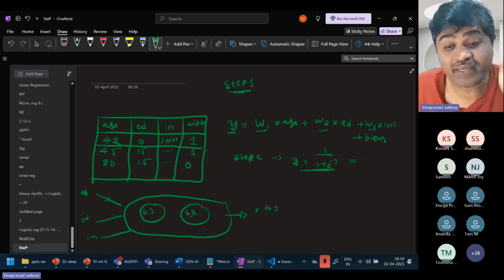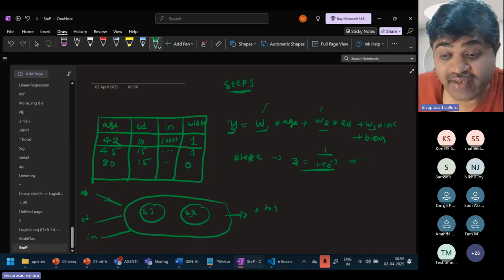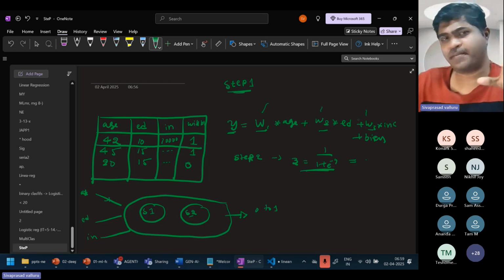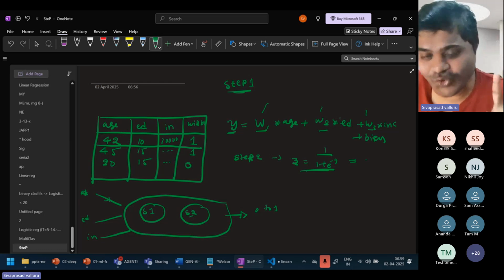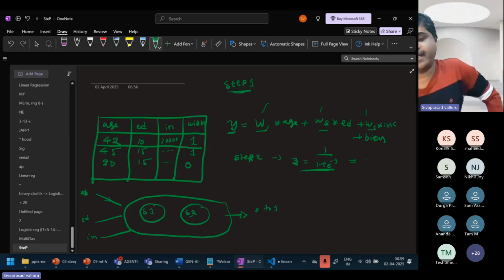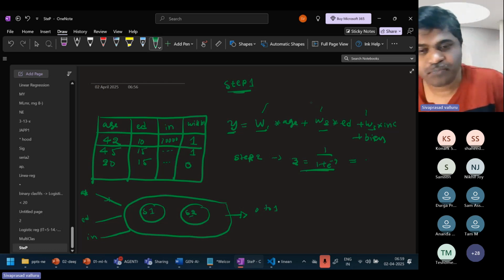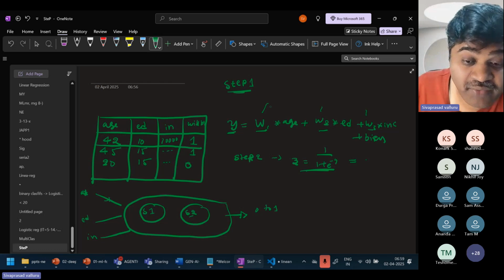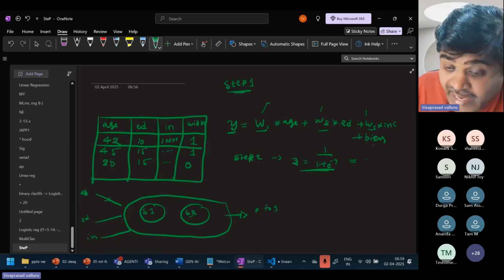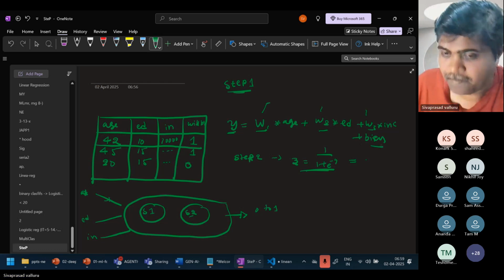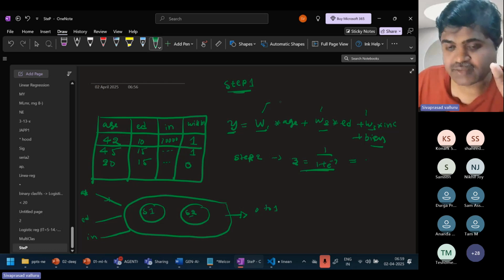So assume that after I passed the first input, initially during training phase, these weights are initialized randomly. Please understand this importantly. Once we go to neural network, this understanding will become very important. Assume initially during training phase, these weights and biases are randomly initialized, right? So we'll have some random weights.